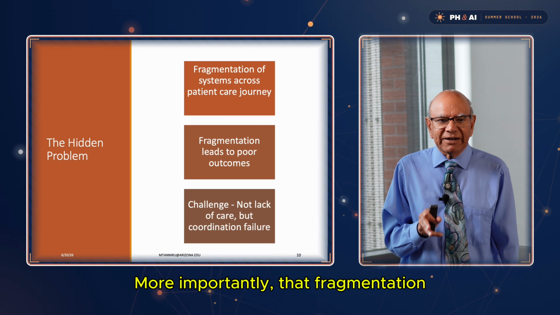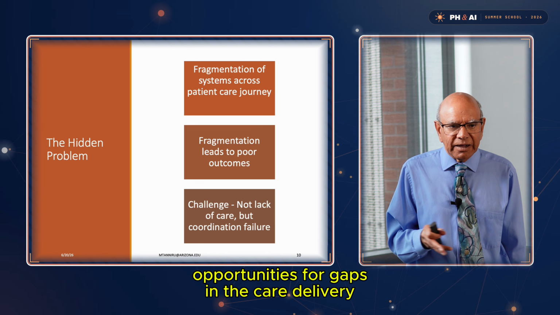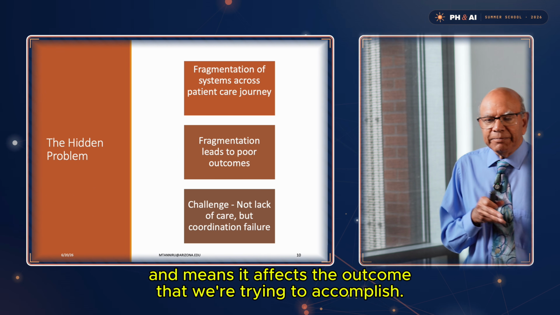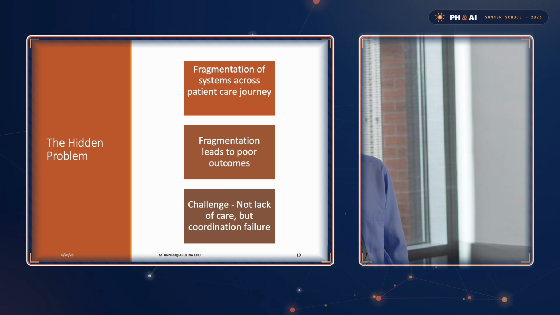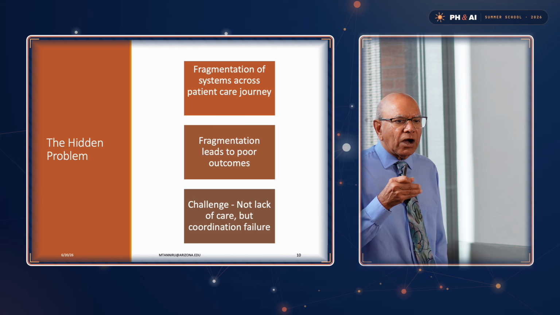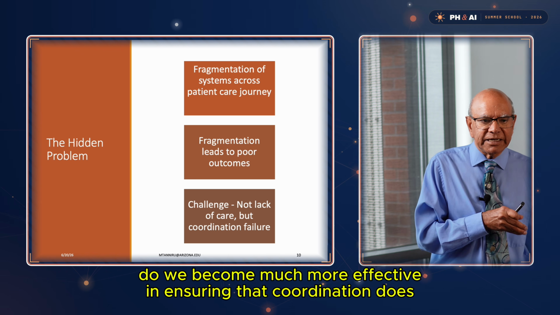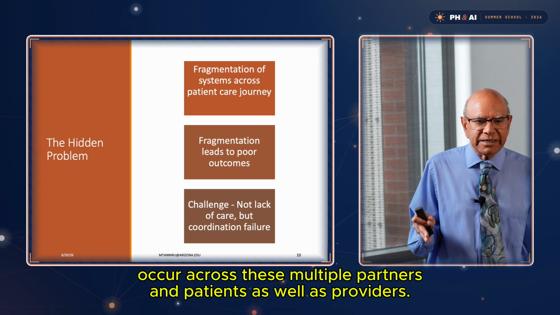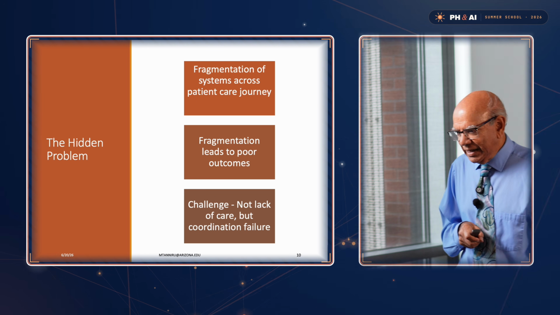More importantly, that fragmentation creates opportunities for gaps in the care delivery, and it affects the outcome that we are trying to accomplish. So the challenge then is, how do we become much more effective in ensuring that coordination does occur across these multiple partners and patients as well as providers?